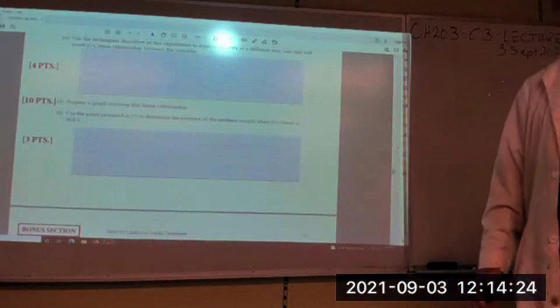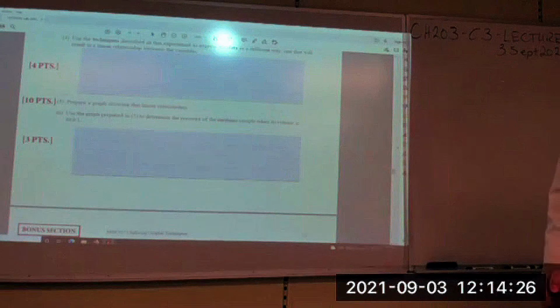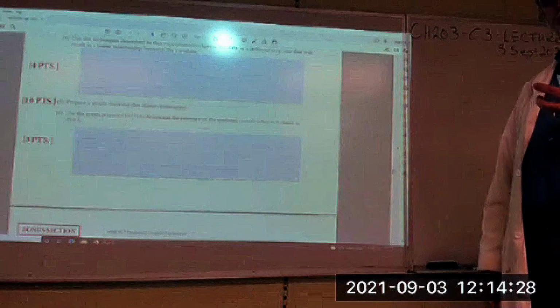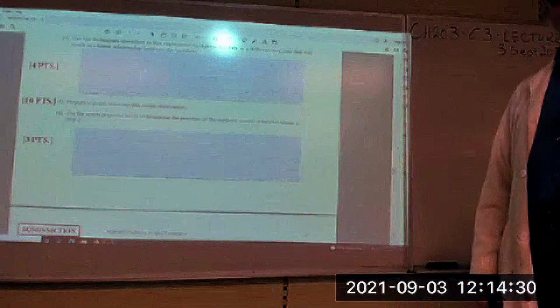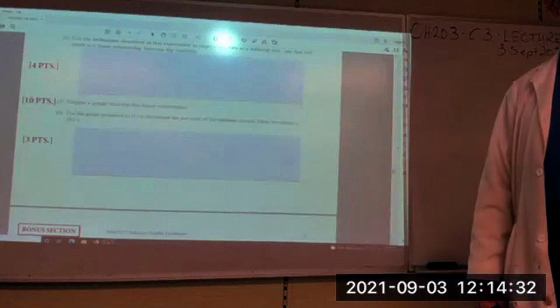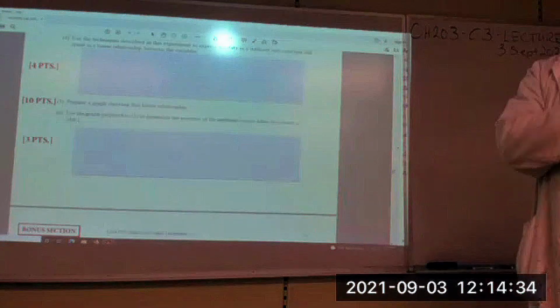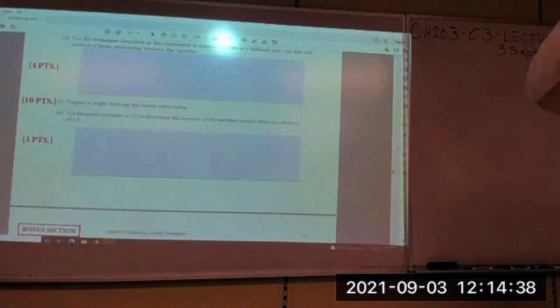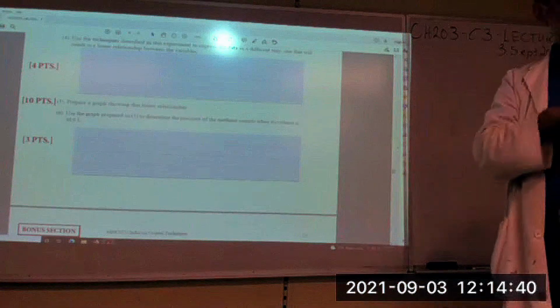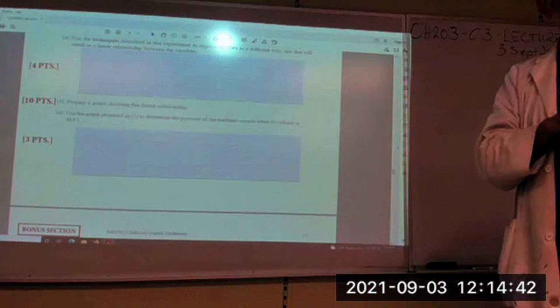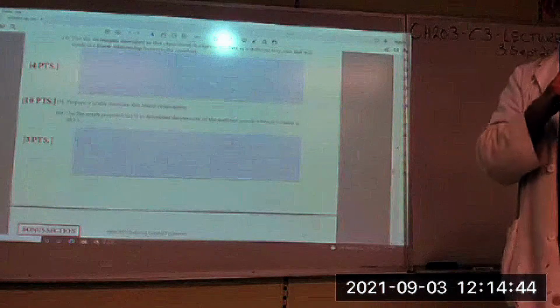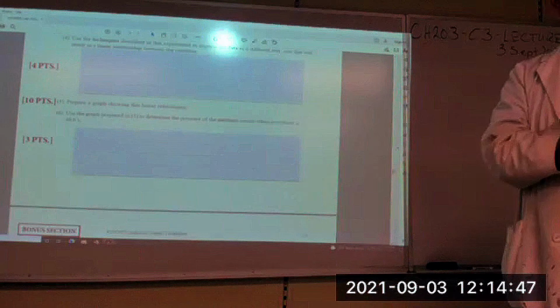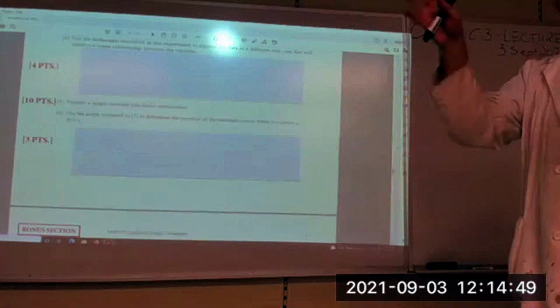But don't forget, one of the biggest mistakes that my students make is when you draw a graph, be sure that it stands on its own 4 legs. All those indicators, like title, subdivisions of your axes, label the axes, what are the units, what do they represent, and then put your points in there.